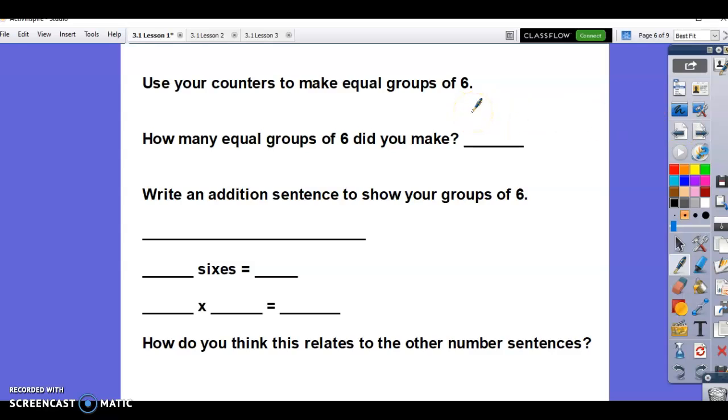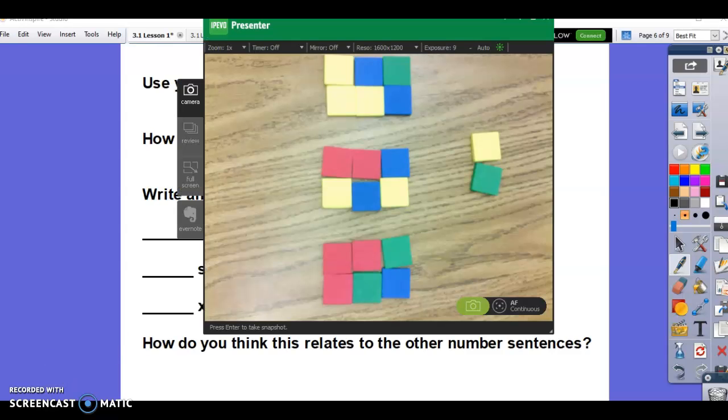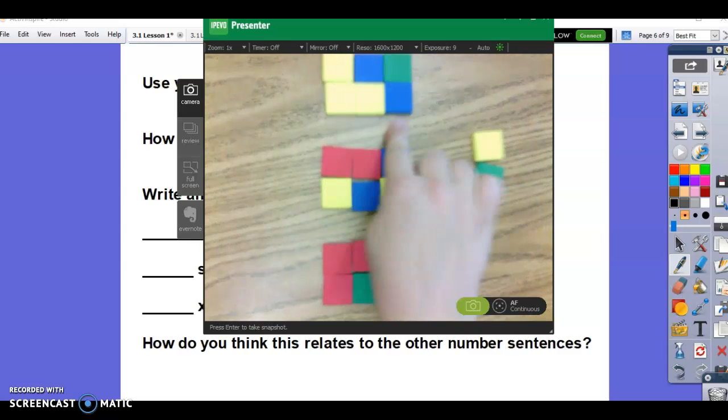Okay, now we're going to take our counters and make equal groups of 6. So now you're going to get all 20 counters back out. And I want you to make equal groups of 6. Okay, pause the video and make equal groups of 6. All right, welcome back. So your counters should look something like mine. I have a group of 6 counters here.